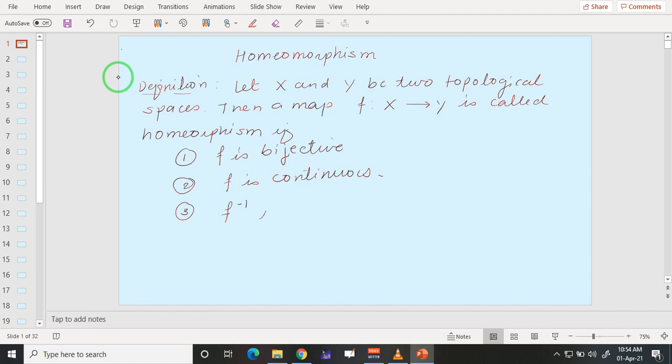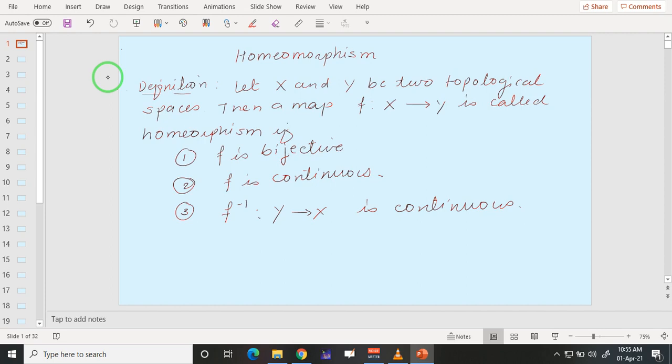That inverse, f inverse, is a function from Y to X. So f inverse is also continuous. And if such a function exists, then we say that X and Y are homeomorphic spaces, right?